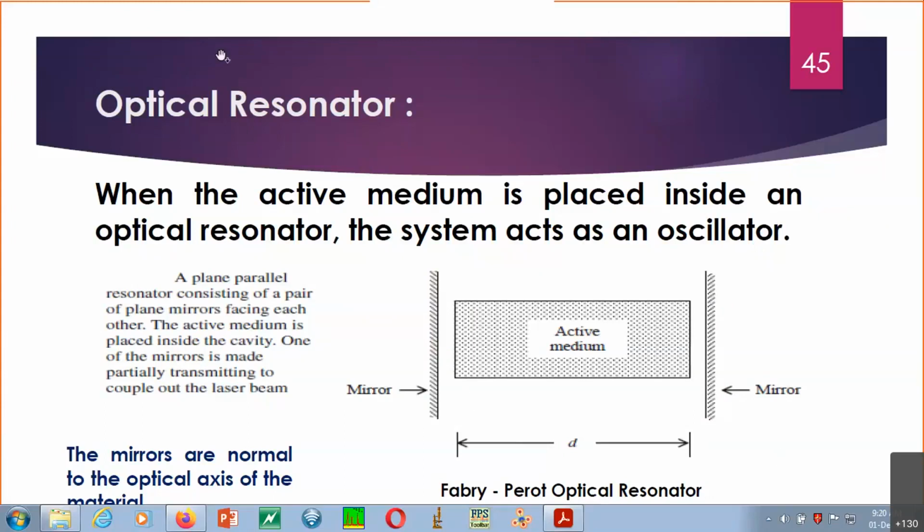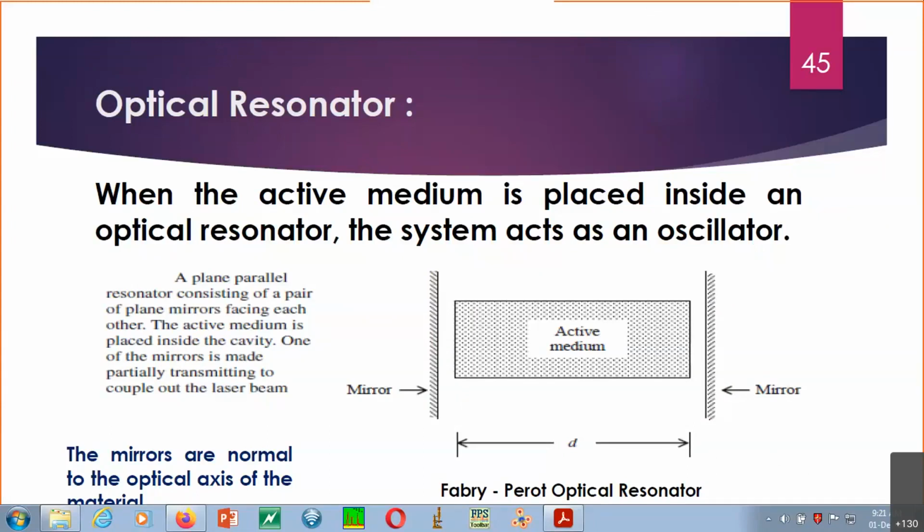We have discussed this optical resonator, but one also needs to understand its importance. Before going to the optical resonator, let me remind you of the first two components. First is the active medium.